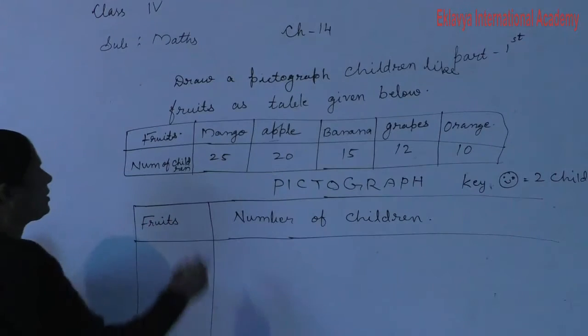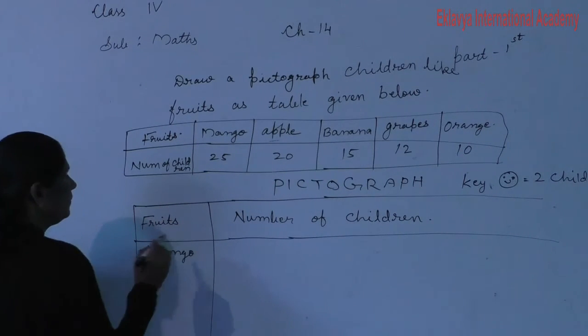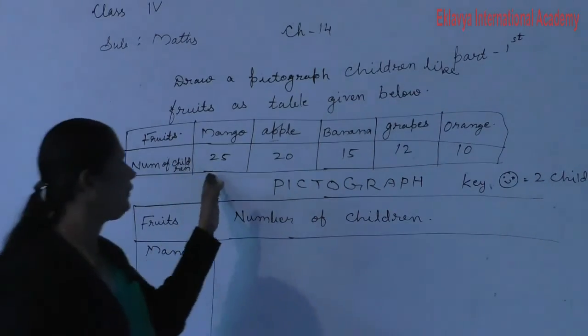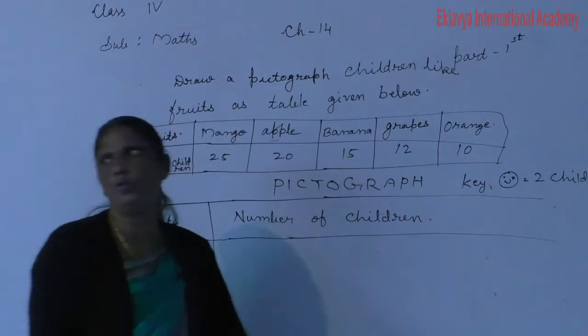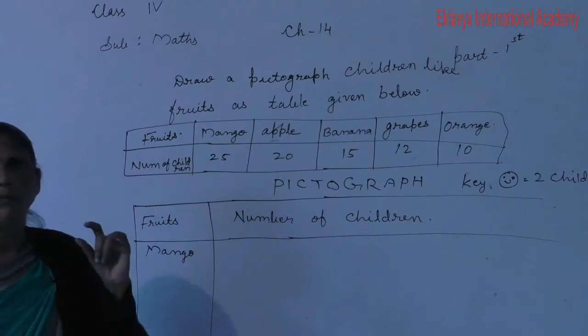The first fruit is mango. Then 25 divided by 2. We get 12, and then a half also.